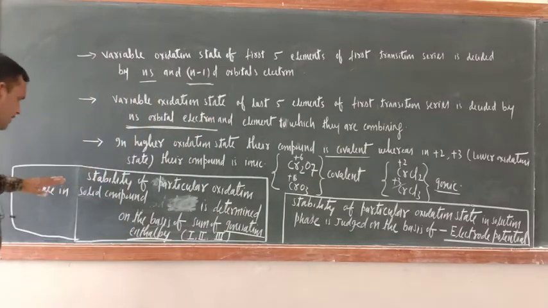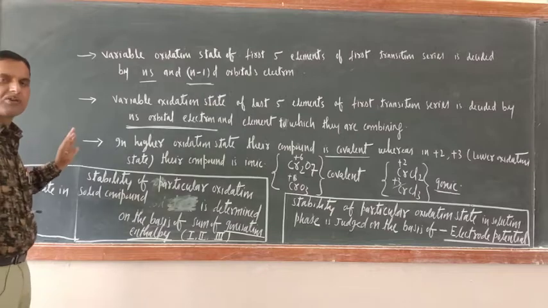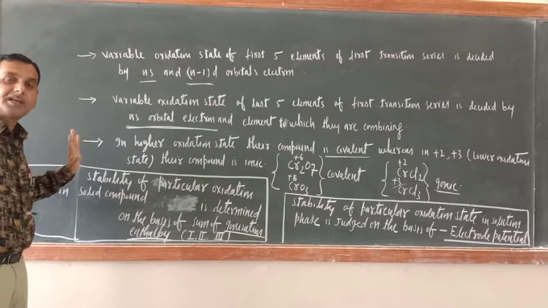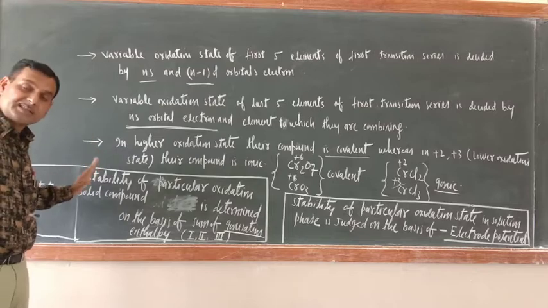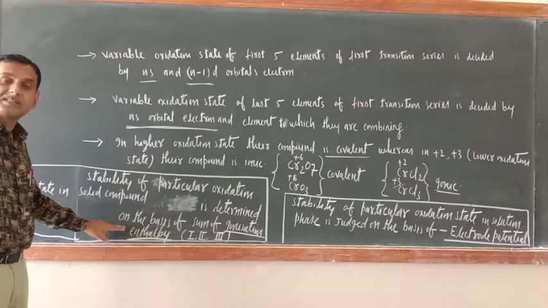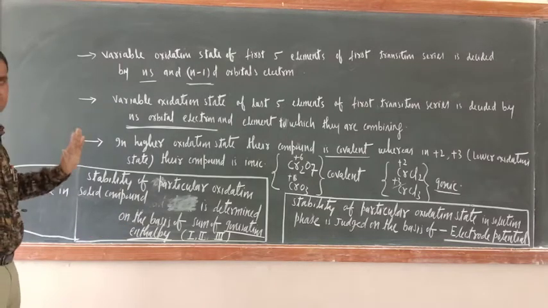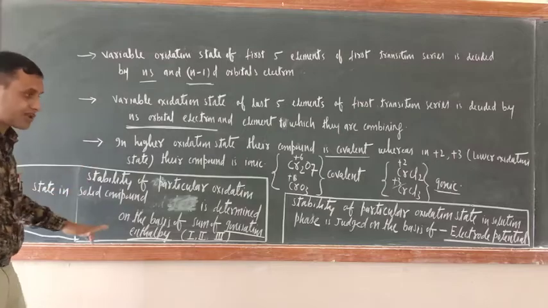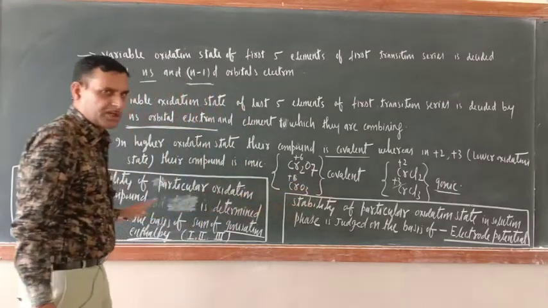Okay, now there is one point here. Earlier I told you the stability of a particular oxidation state, if it is in solid state, is determined on the basis of the sum of ionization enthalpies, first, second and third. Now, about the stability of a particular oxidation state, one more thing is there.